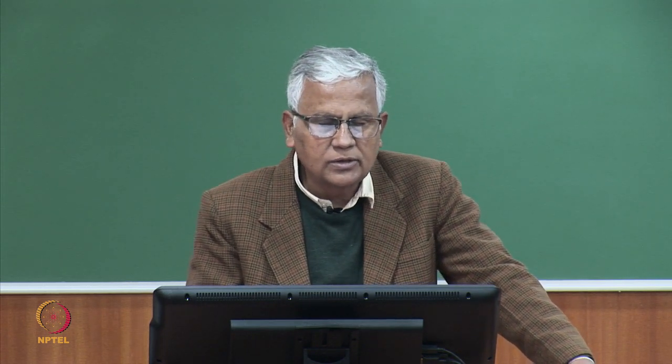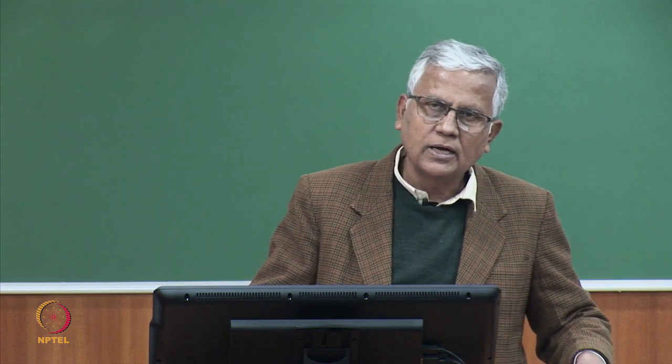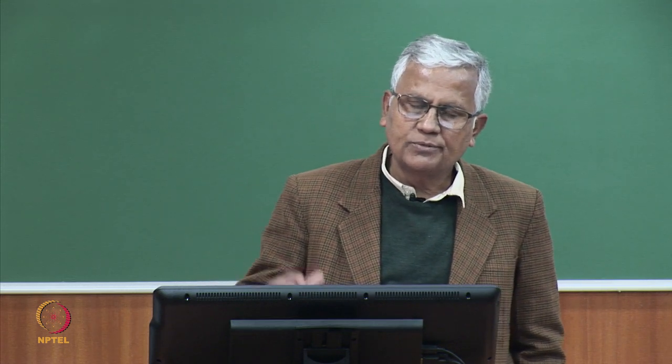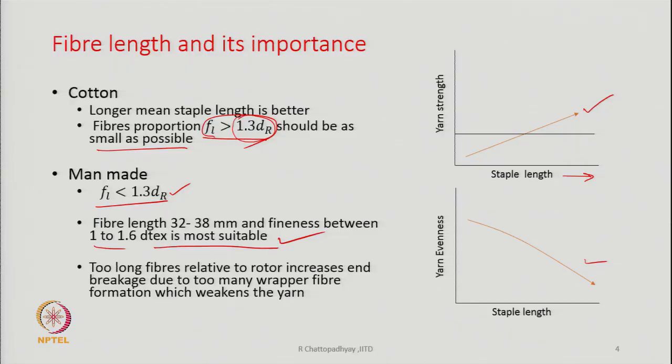Whereas in the case of cotton, this is not true, because cotton has its own fiber length distribution, and therefore you have shorter fibers, medium length fibers, and also very long fibers. Too long fibers, in the case of cottons, are bad. They are going to form wrappers, and wrapper fibers are a nuisance for rotor spinning, and we want to avoid them.